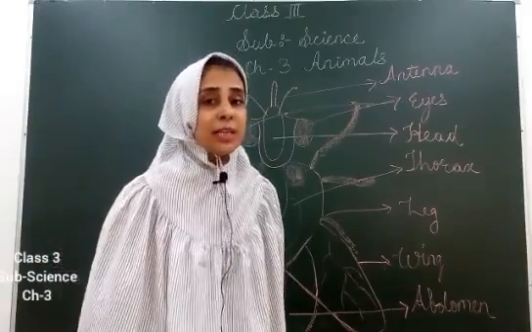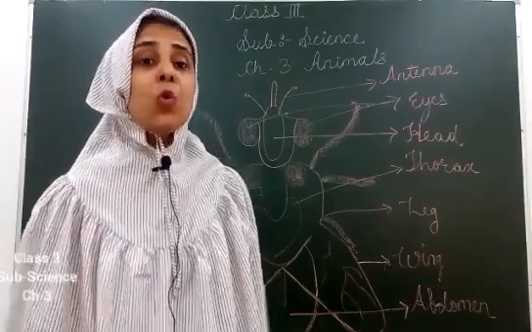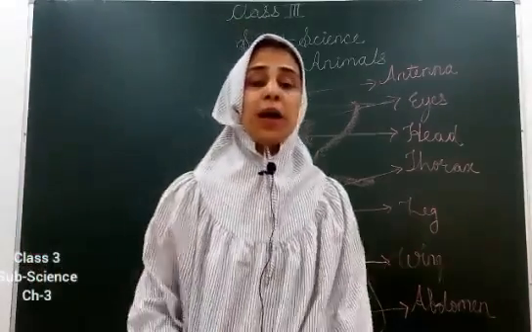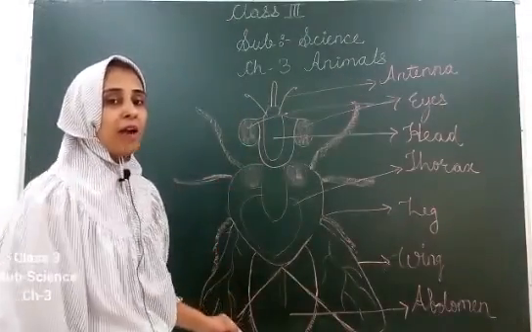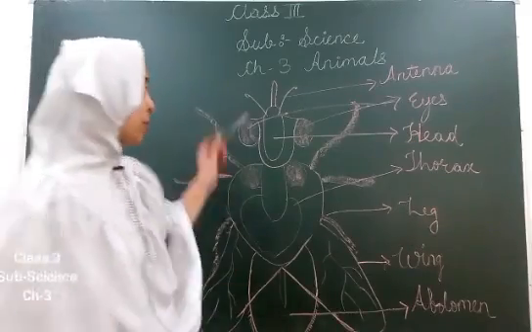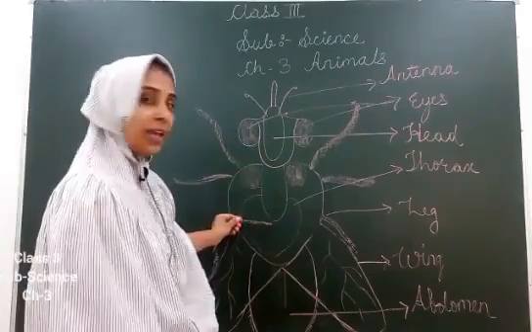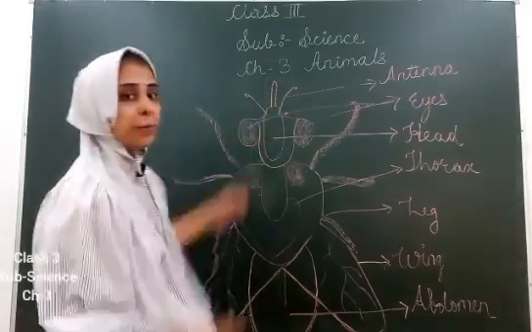So what are insects? Their body is divided into 3 parts. How many parts? 3 parts. This is a diagram of an insect. Its body is divided into 3 parts. First, second and third. This part is called the first part.